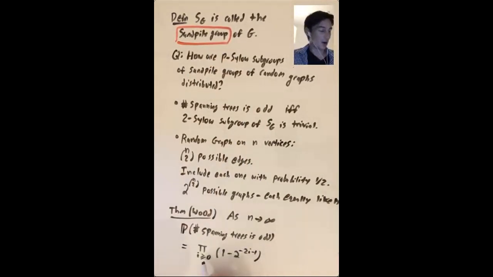So it's a product over all odd numbers of 1 minus 2 to the minus odd.